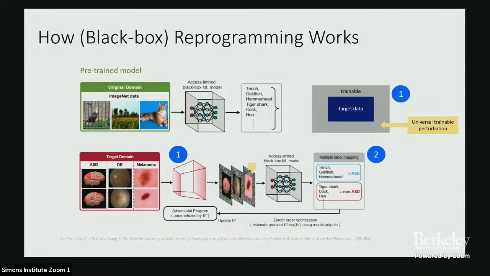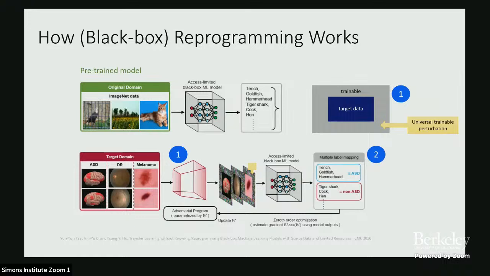So the next thing we should do is map the source label to the target label. We specify that for these sets of ImageNet class labels, we are going to map them to a downstream label. Here ASD means autism spectrum disorder; it's a binary classification for one of these data sets. And I'm going to map the other set of the classes to the second class, the non-ASD class.